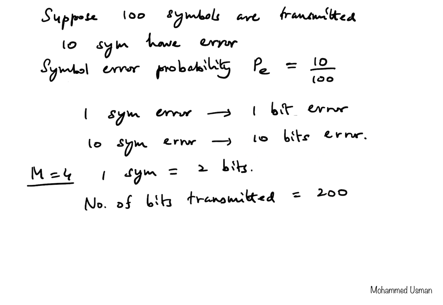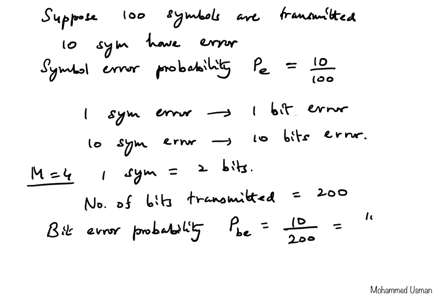So the probability of bit error, which we will now write as bit error probability PBE, is 10 bits out of 200 bits have error.